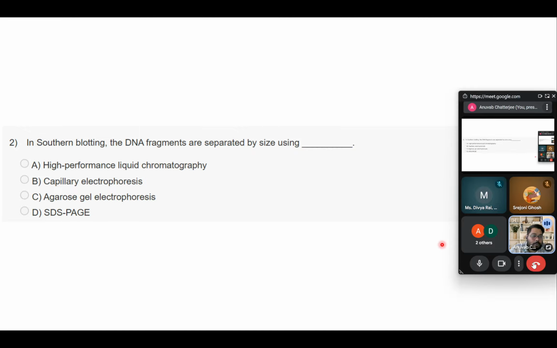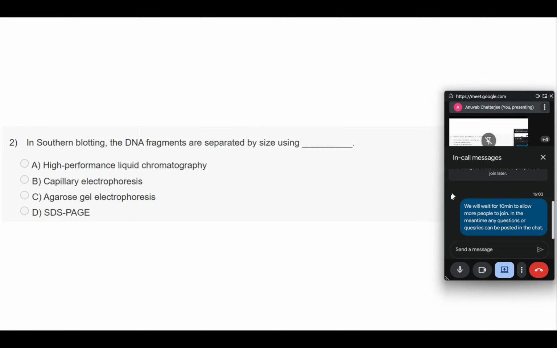You can put in whatever you think is the correct option in the chat. You can put in A, B, C, D, whichever you think could be the correct answer.